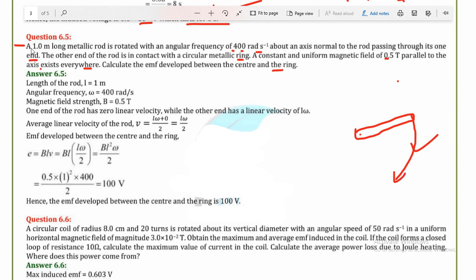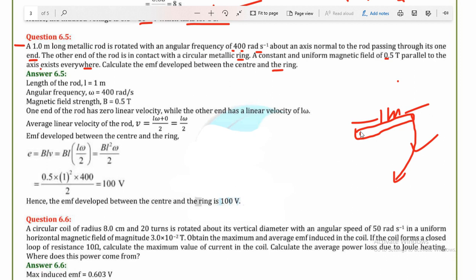So let me repeat the question. A 1 meter long metallic rod, it means its length is taken as 1 meter, is rotated with an angular velocity of 400 radian per second about an axis normal to the rod. So the axis of rotation is perpendicular to the plane of paper, inward and outward, passing through one of the ends.